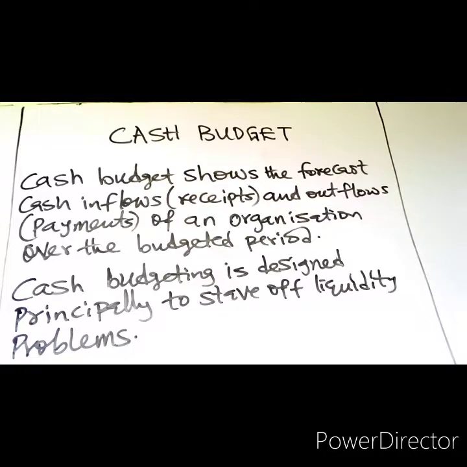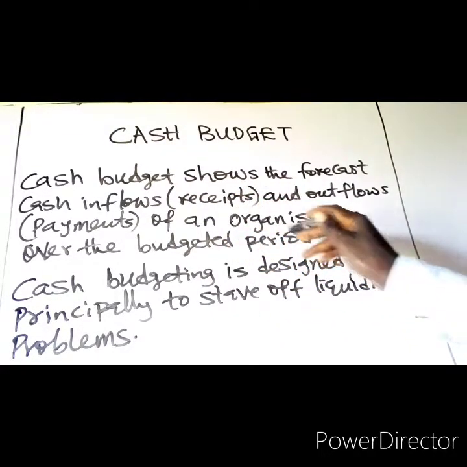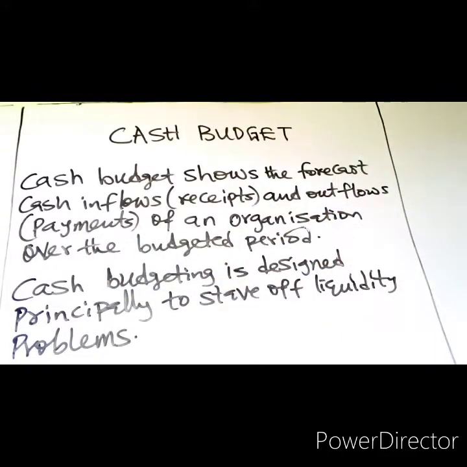What is a cash budget? Cash budget shows the forecast cash inflows, that is cash receipts, and cash outflows, that is cash payments, of an organization over the budgeted period.